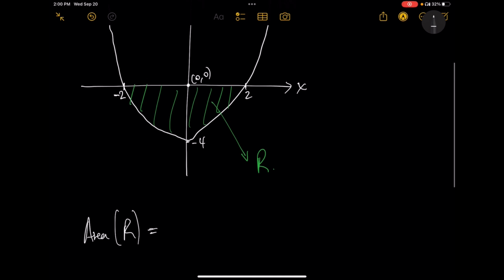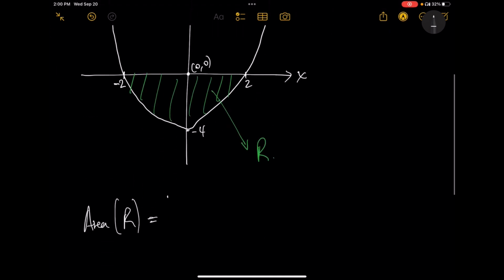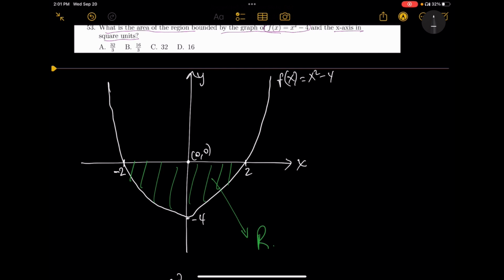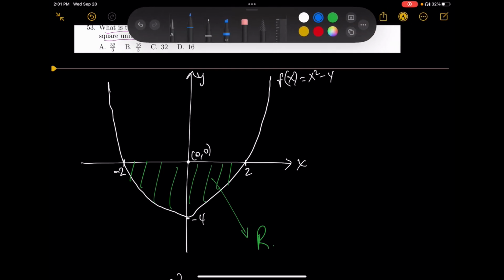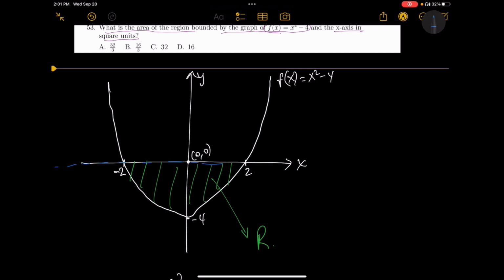What is the area of the region R? The area of the region R can be calculated as the integral from negative 2 up to positive 2 of what? We also need another function, g of x. What is this function g of x?